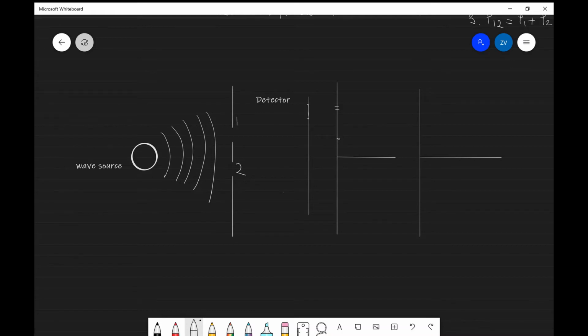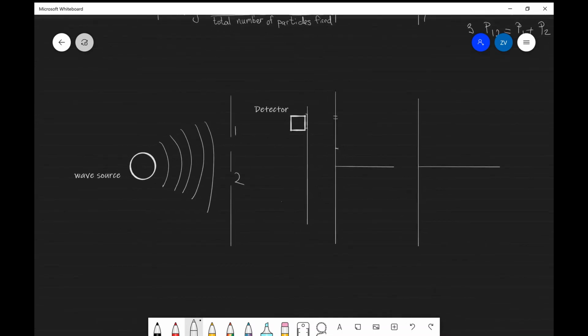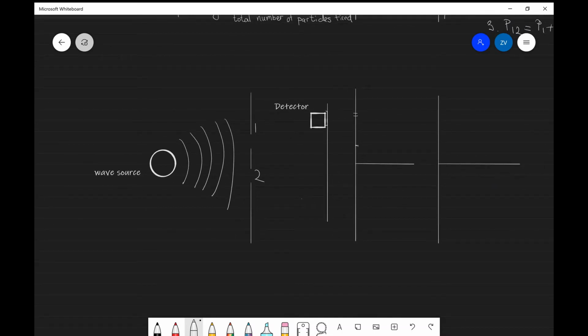So our detector could be just a ruler in this case, so I'm just going to draw that as a generic detector. Remember, we can measure the intensity of the wave because we know that the intensity is proportional to the amplitude of the wave squared. So you can just write that down: the intensity is proportional to the amplitude of the wave squared.